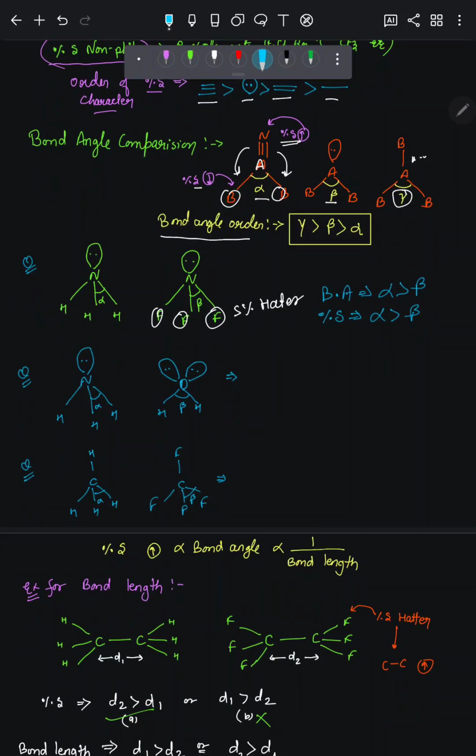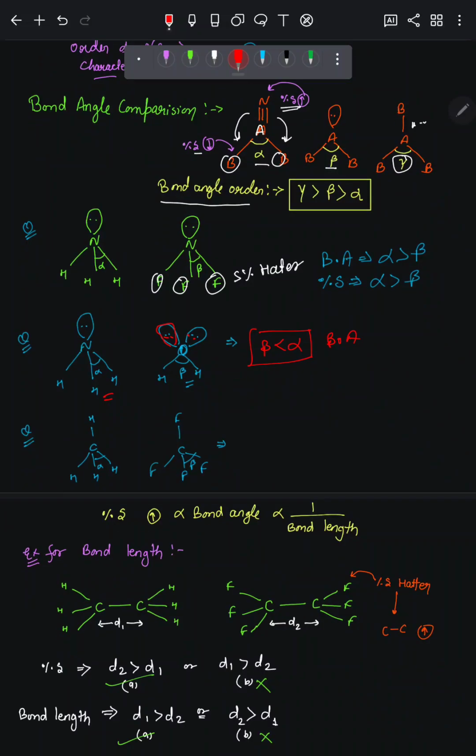For the next question, if we have an oxygen and H2O molecule here and an NH3 molecule here, due to the presence of these two lone pairs, the bond angle beta is less. So alpha will be more in the order of the bond angle.